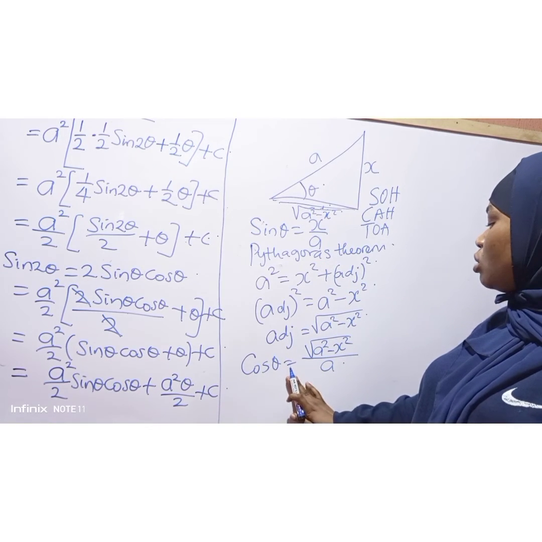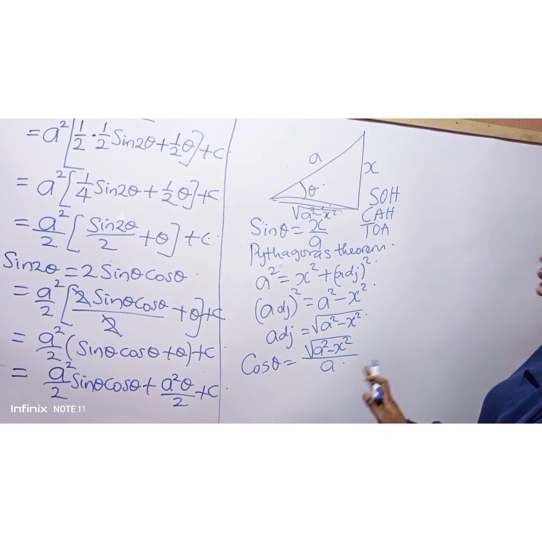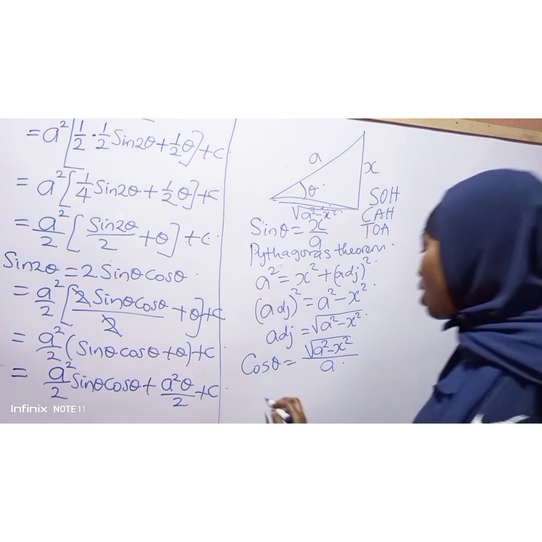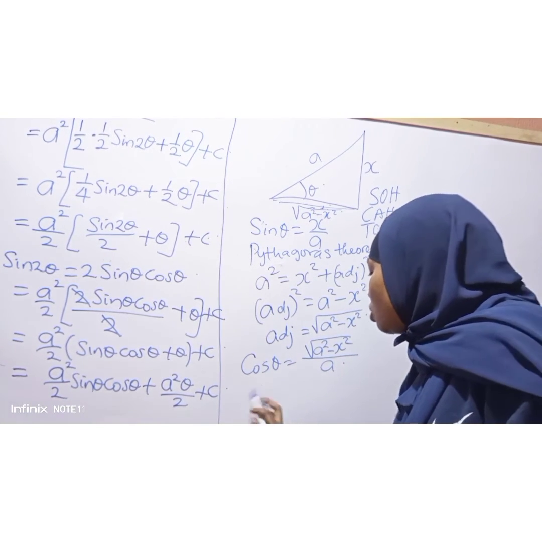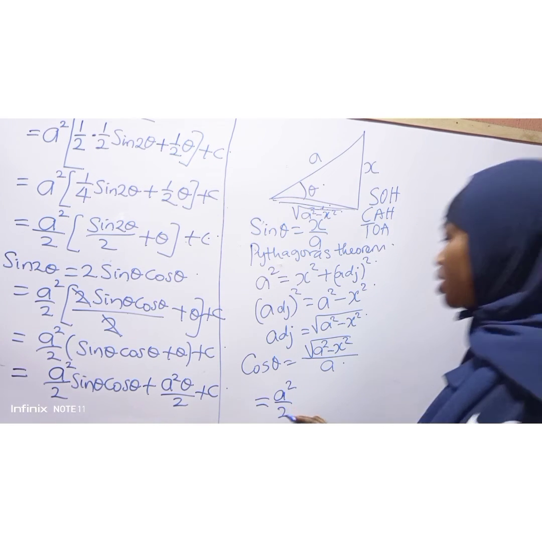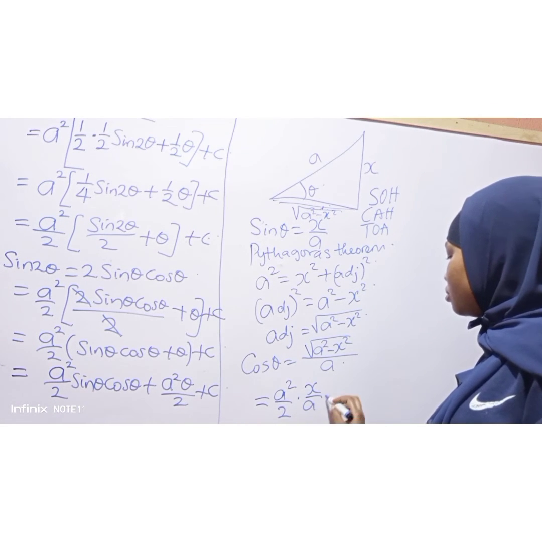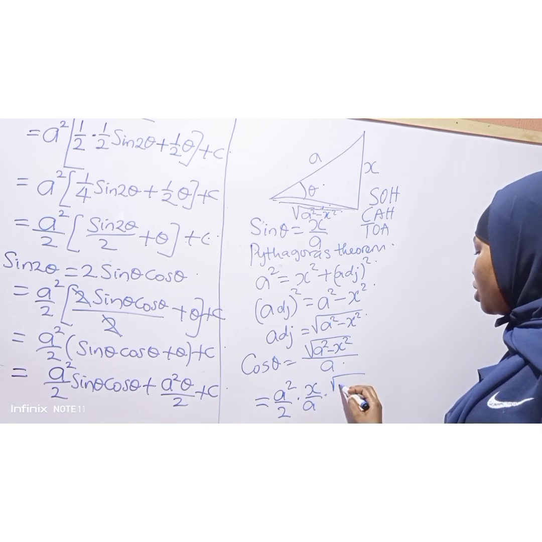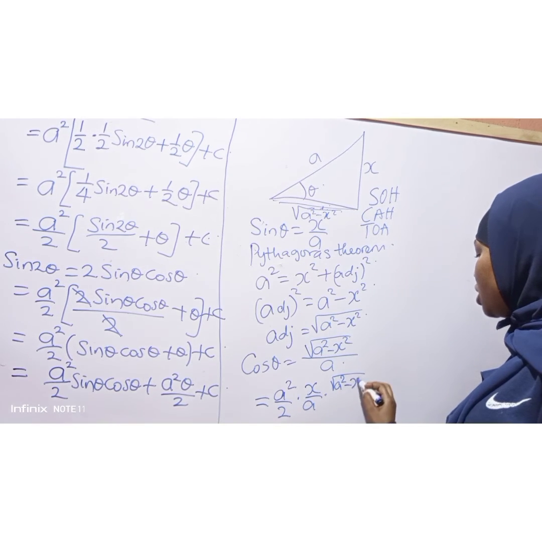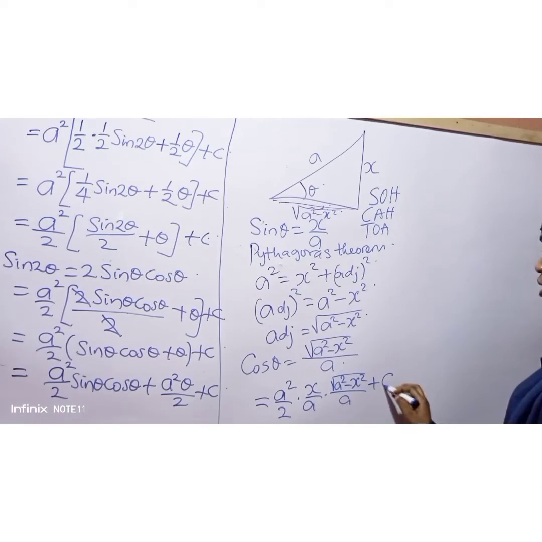That means anywhere I see sine theta inside this equation, I'm going to put x over a, and anywhere I say cos theta, I'm going to put the square root of a squared minus x squared divided by a. So I have a squared over 2, then x over a multiplied by the square root of a squared minus x squared divided by a, plus a squared theta over 2 plus c.